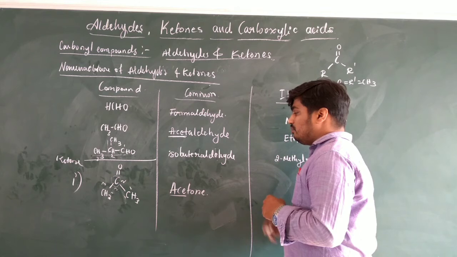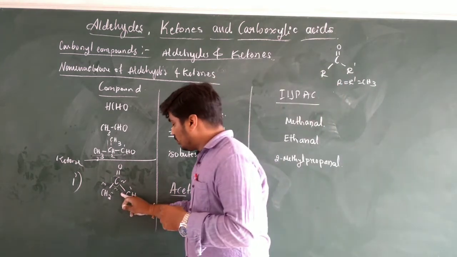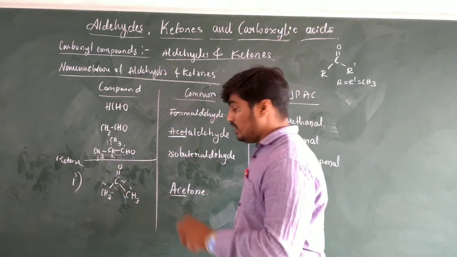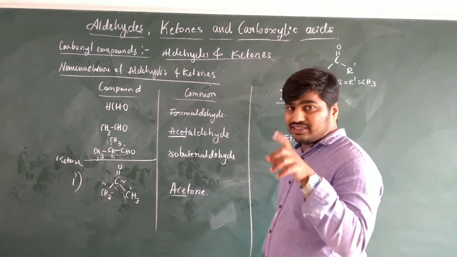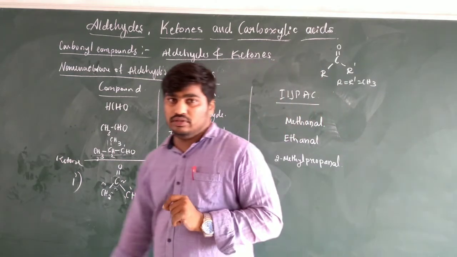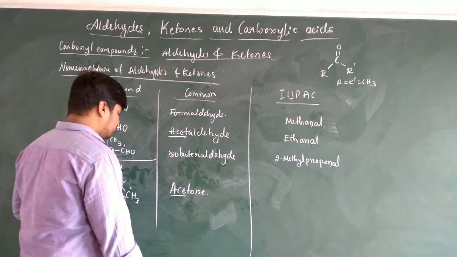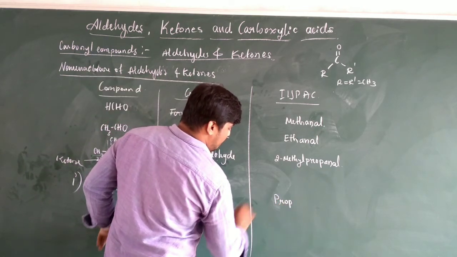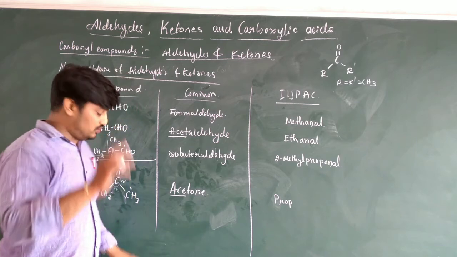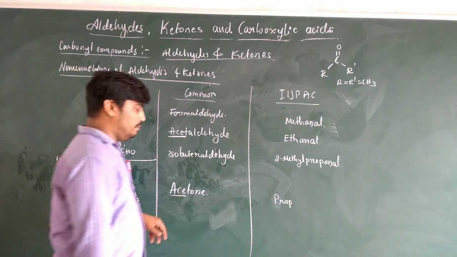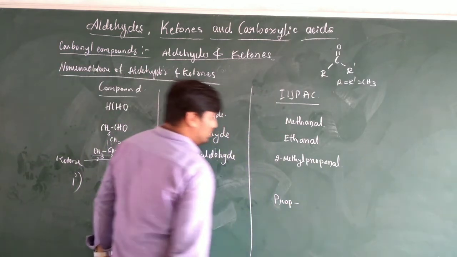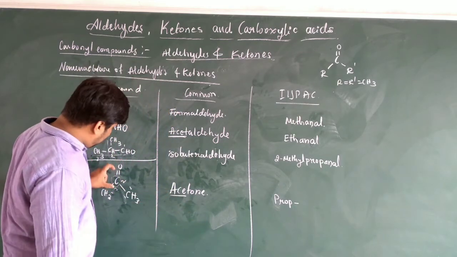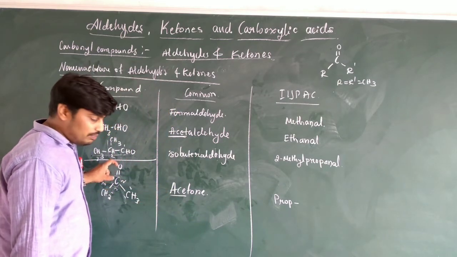Next, how to name this acetone? 1, 2, 3. The second carbon is the carbonyl carbon, the ketonic carbon. Therefore it contains 3 carbons, prop, where we observe the ketone on the second carbon.